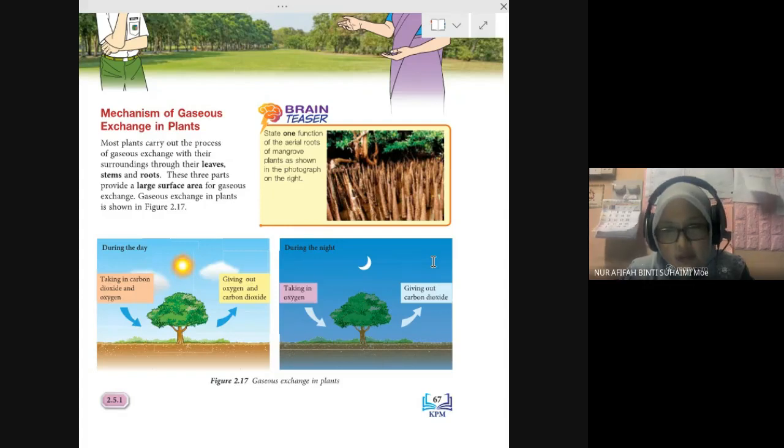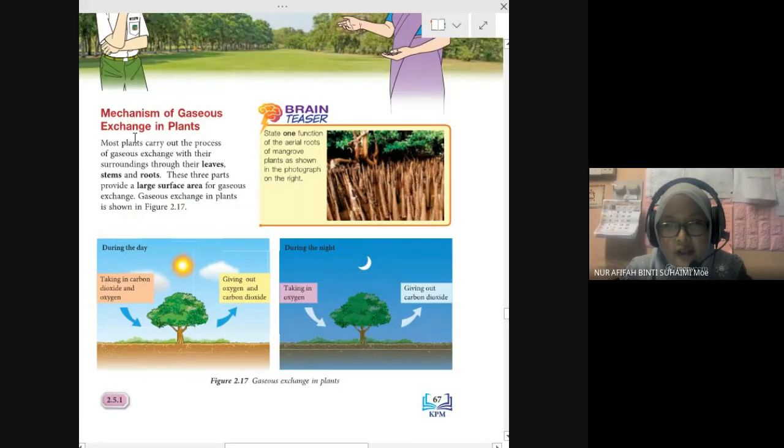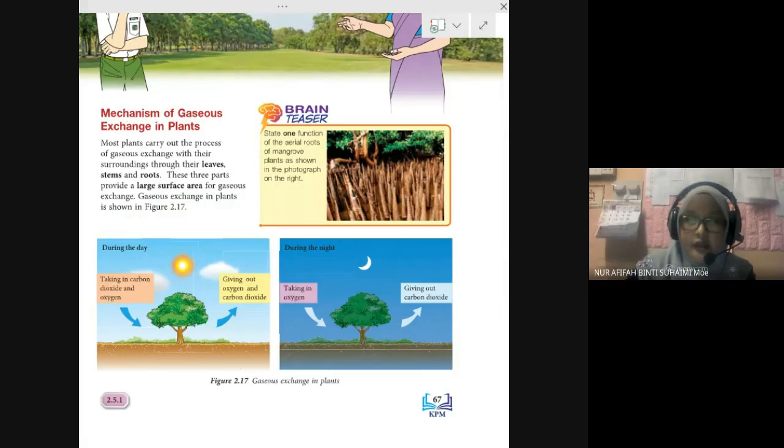Look here, mechanism of gases exchange in plant. The gases exchange occurs through their leaf, stems, and root.